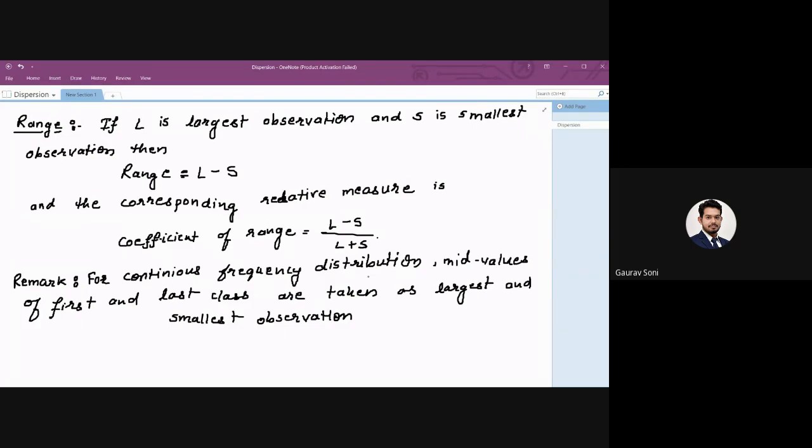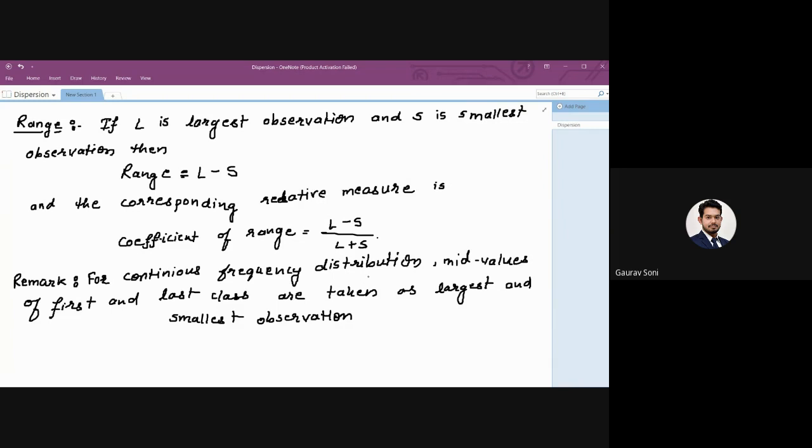If I have a group of 6 people, then the range is good, but if your sample is very large, then it may not be good. A very big demerit is that it is not based on all the observations, so it does not give a proper idea regarding variation between the extreme observations.